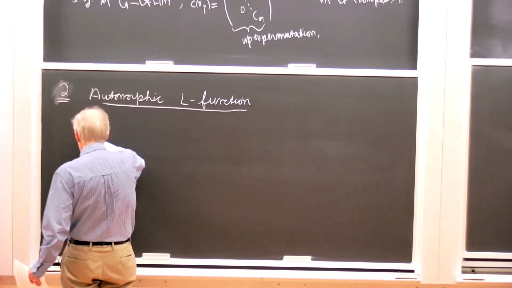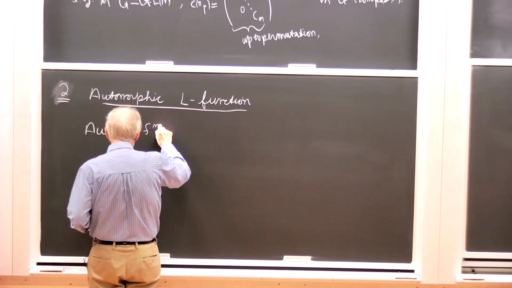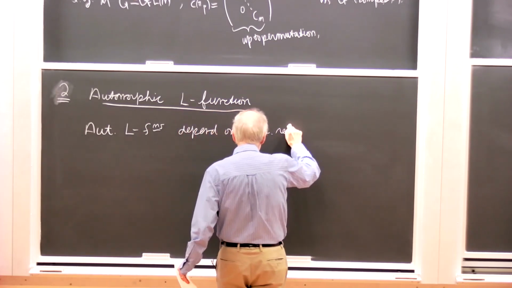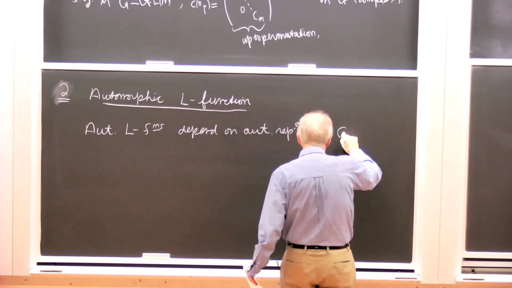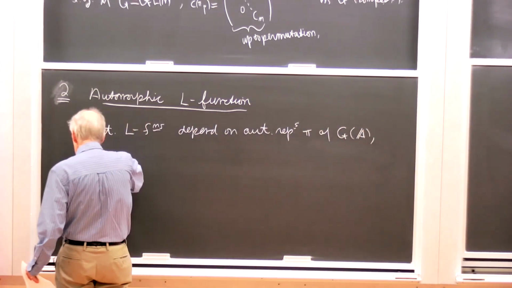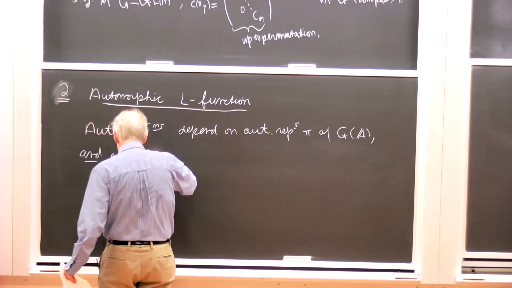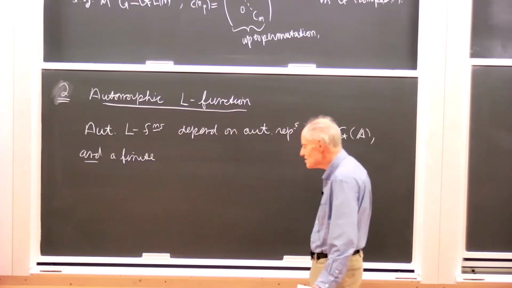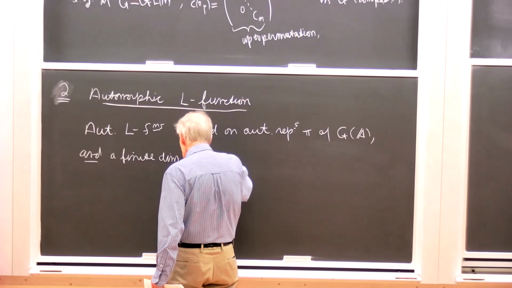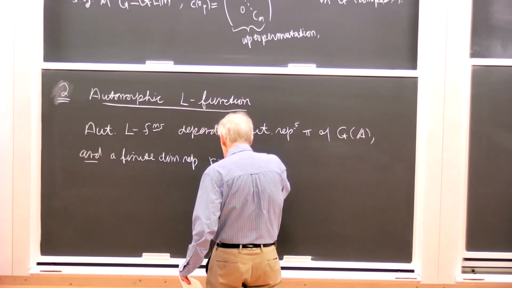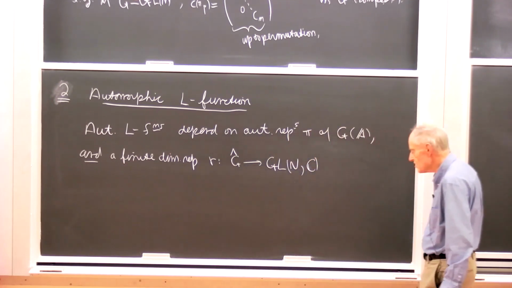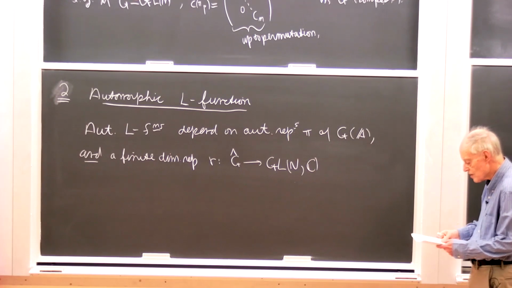So automorphic L functions depend on automorphic representations pi of G(A), but they require an extra piece of data: a finite dimensional representation, not a unitary one, since those would usually be infinite dimensional, but a finite dimensional representation r of the dual group, r: G^ to GL(n, C), for some general linear group.